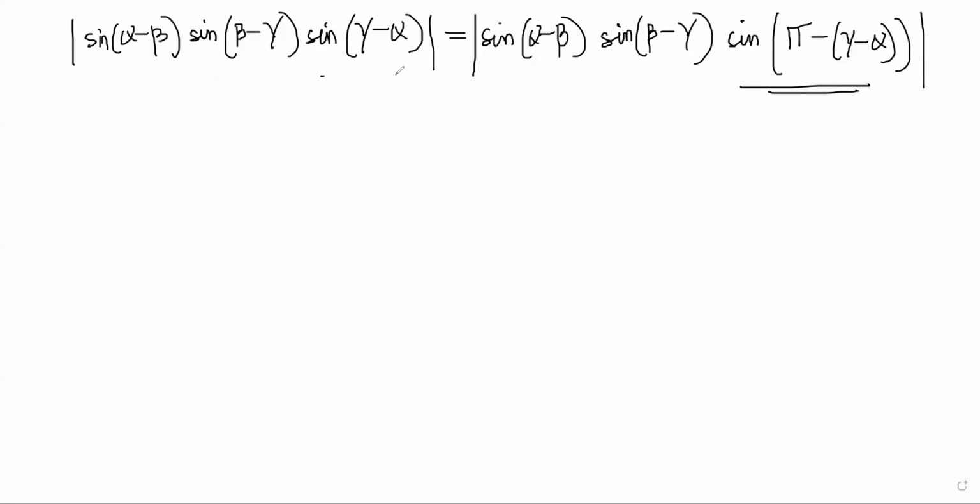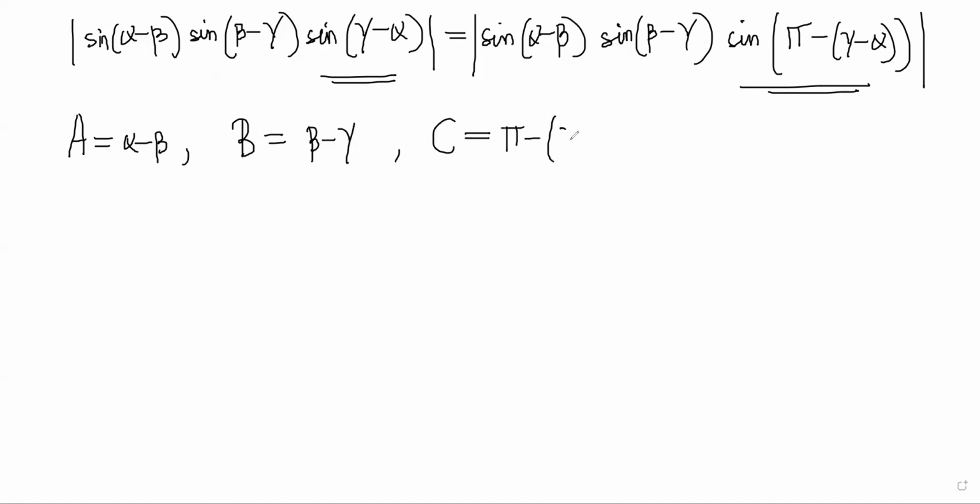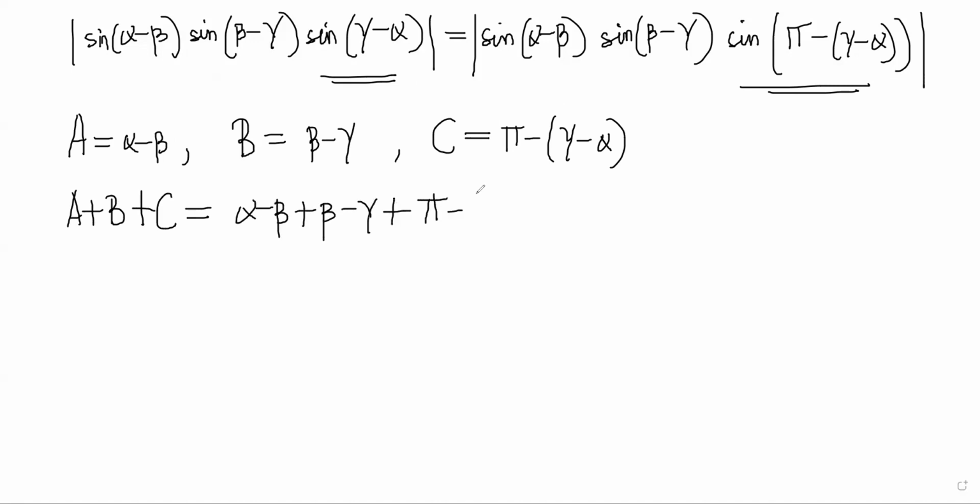This is the same thing as this term. Sine pi minus theta is equal to sine theta. And now if you think about it, I can write capital A as alpha minus beta, capital B as beta minus gamma, and capital C as pi minus gamma minus alpha. And you will realize that A plus B plus C is equal to alpha minus beta plus beta minus gamma plus pi minus gamma minus alpha.